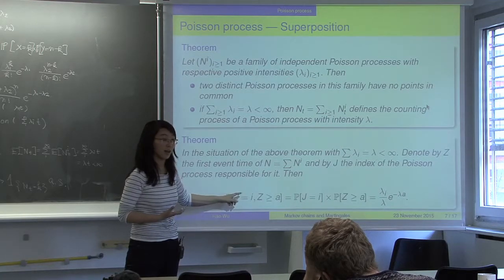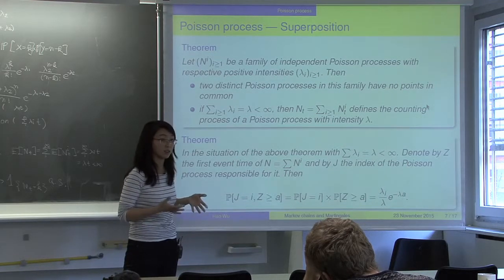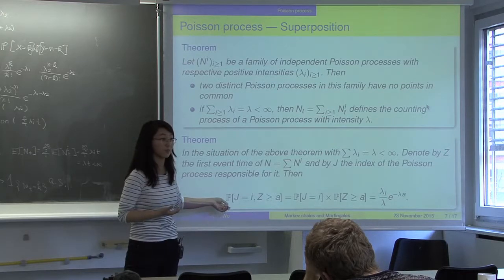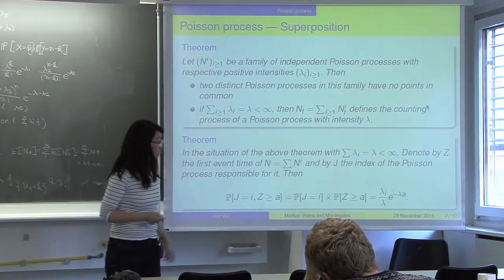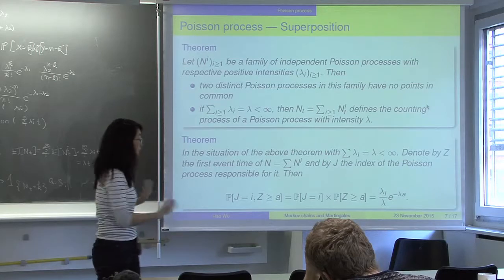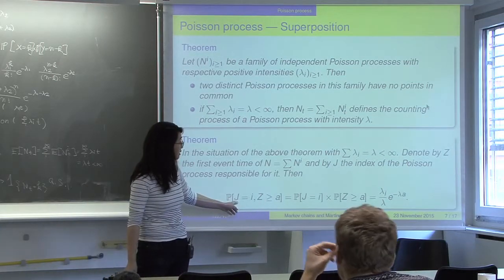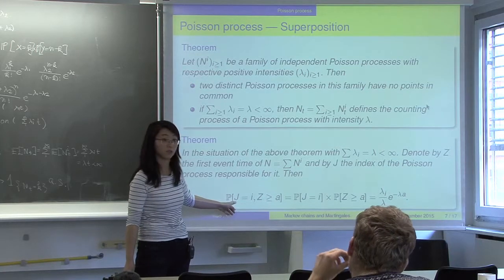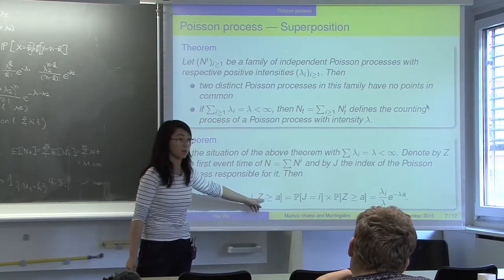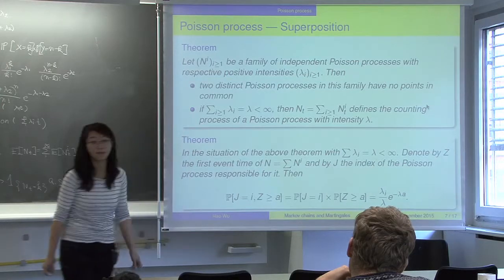Then if this process i has a larger lambda_i, it should happen quicker. But the conclusion here is no, they are independent. So no matter which process is responsible for the first event, the occurrence time is independent of this index.